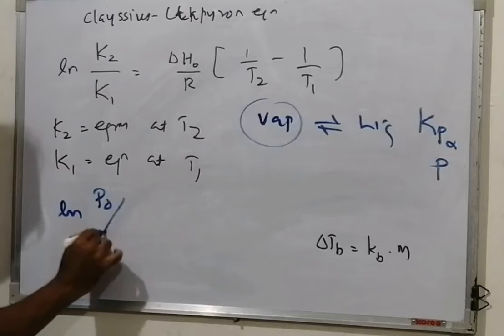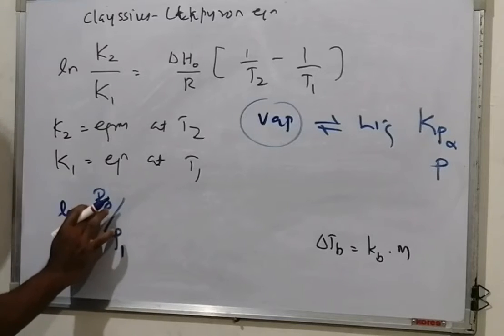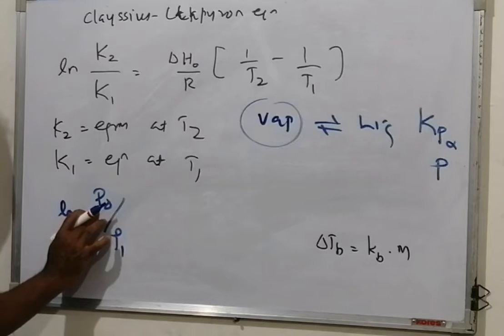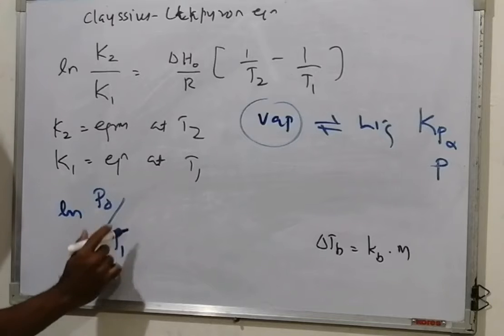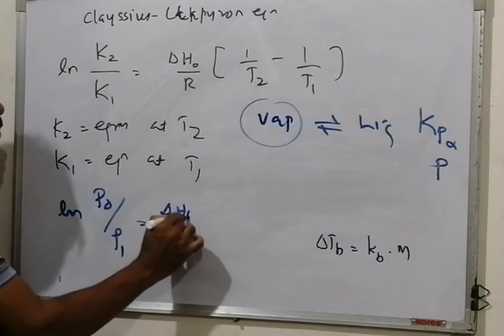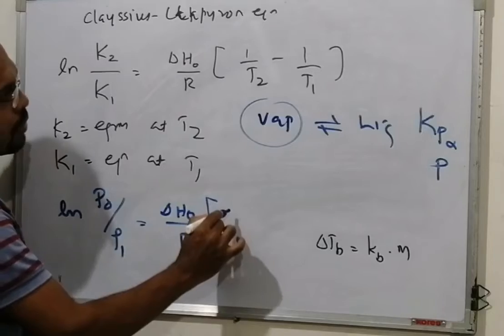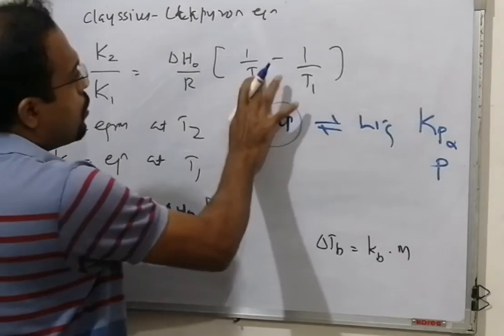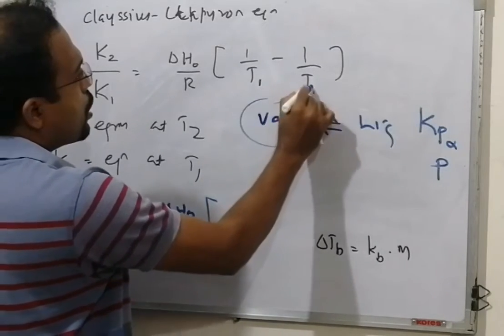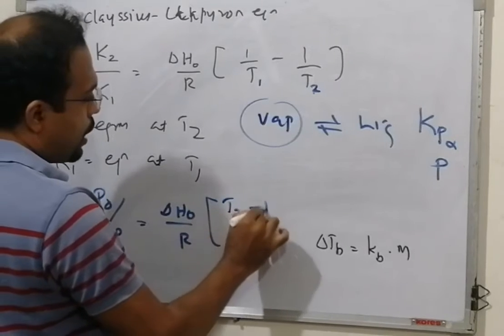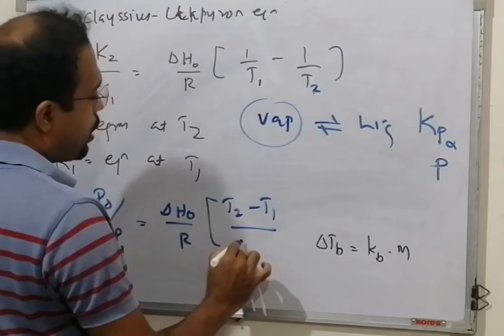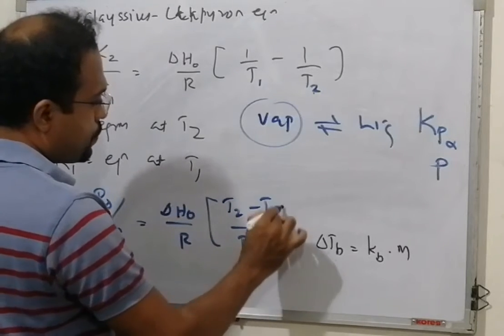ln P0 divided by P1, where P0 is the vapor pressure of pure solvent and P1 is the vapor pressure of solution, is equal to delta H0 by R into T2 minus T1 divided by T1 T2.